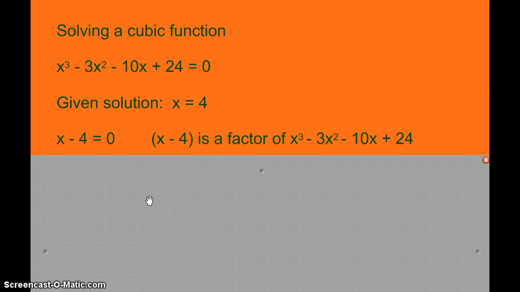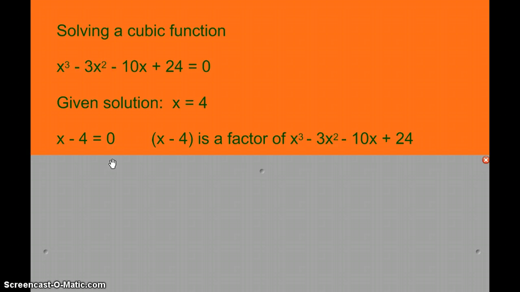What that means is x minus 4 is something that can be factored out, or it is a factor of my original function. If we know that something is a factor of the function, or that something can be divided evenly into something, that means we could divide our original function by x minus 4 to put it into factored form.